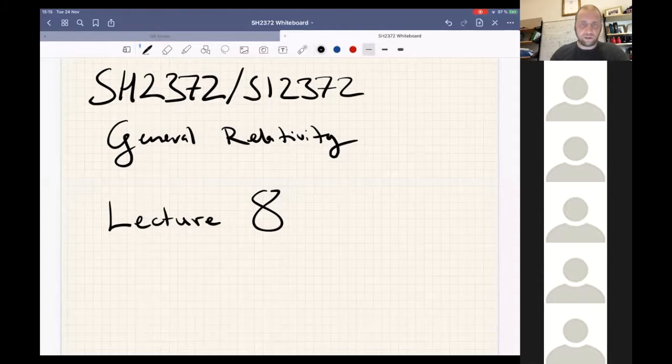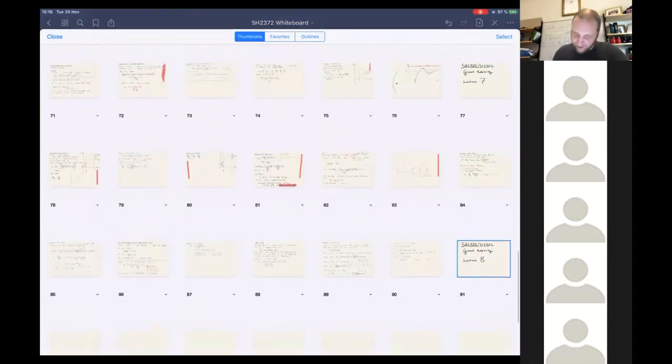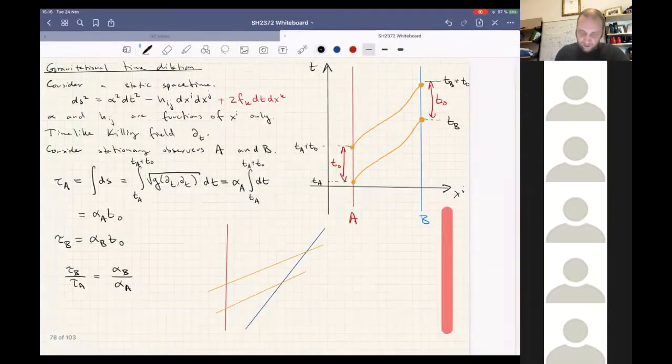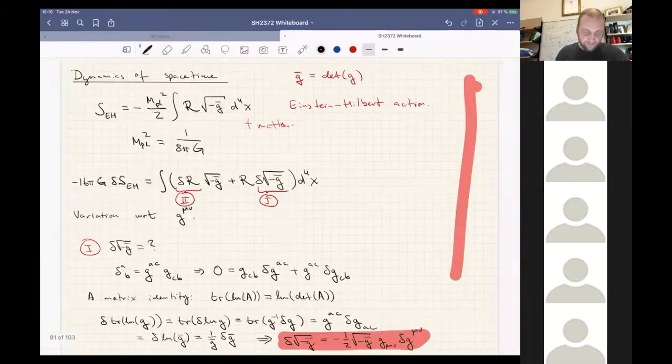So yesterday, we discussed the dynamics of space-time. And as somebody asked, how do we know that this action that we chose to introduce, the Einstein-Hilbert action, with essentially a Lagrangian density, which was the Ricci scalar, actually corresponds to physics?